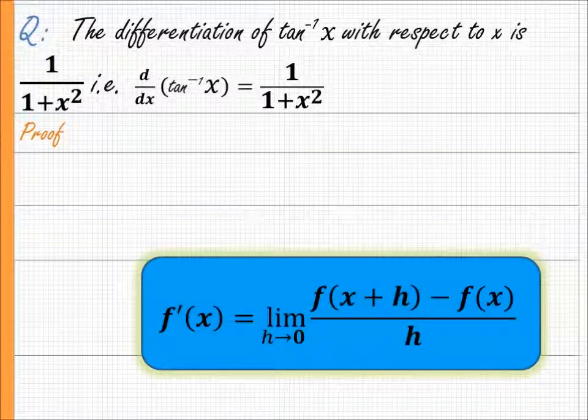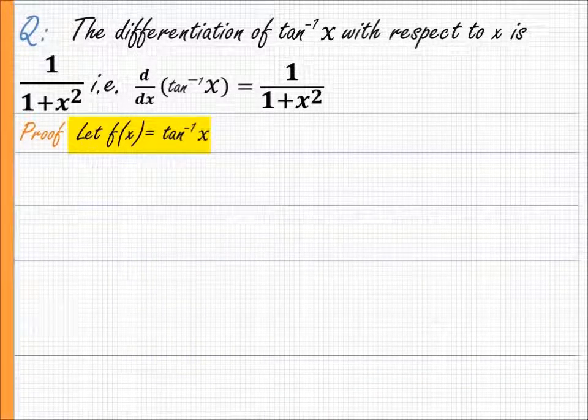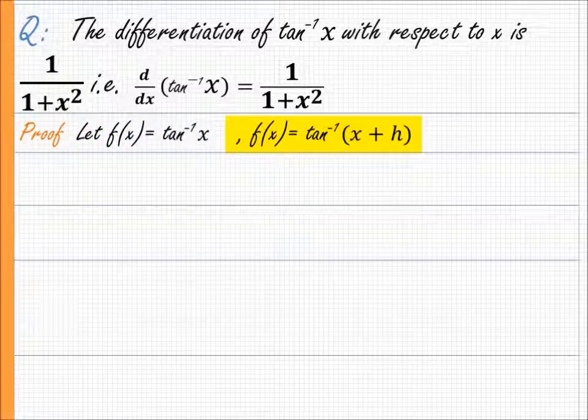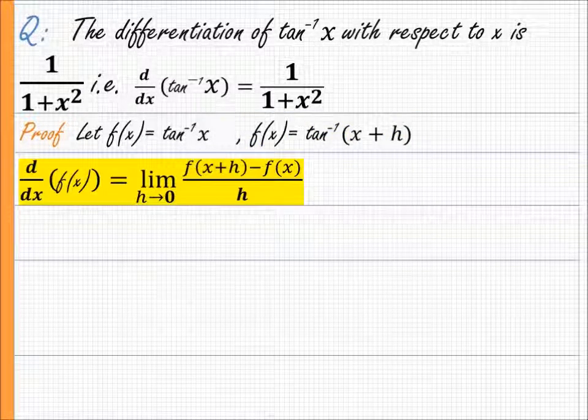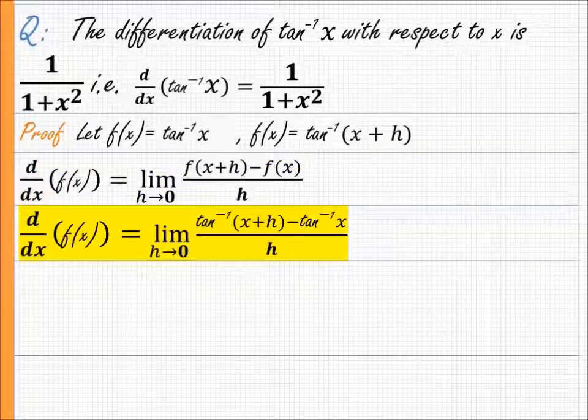And here f of x is equal to tan inverse x, and f of x plus h is equal to tan inverse of x plus h. So now this differential coefficient, d of f of x with respect to dx, will be equal to limit h approaches 0, tan inverse of x plus h minus tan inverse x divided by h.